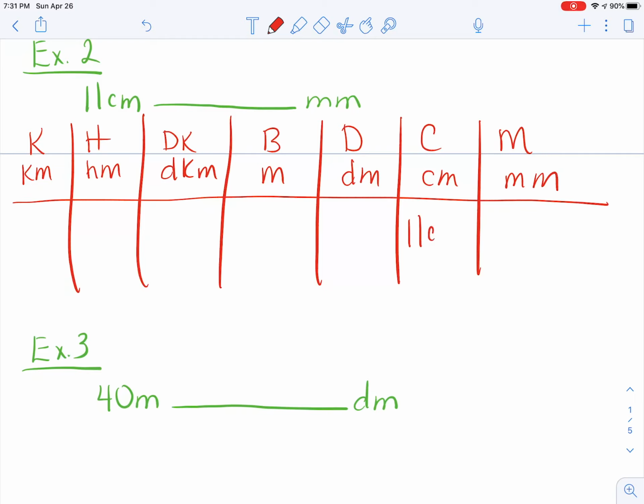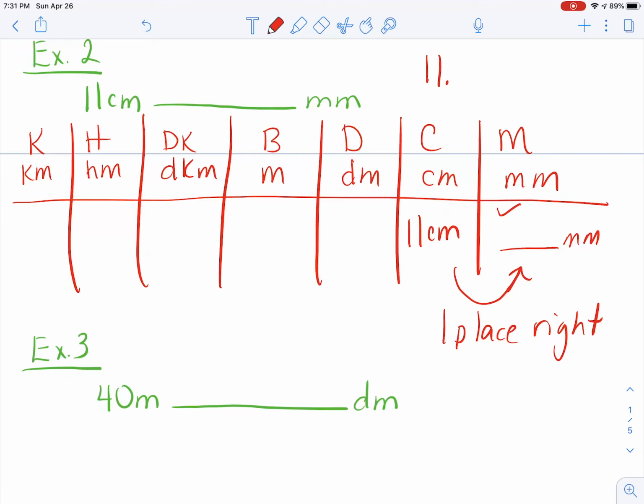So 11 centimeters is how many millimeters? I'm moving one place to the right. So what am I moving one place to the right? My decimal. So I have 11. There's my decimal. I'm going to move it one place to the right. So my decimal is no longer here, it's here. I'm going to fill in with a 0. So the answer would be 110 millimeters. 11 centimeters is the same thing as 110 millimeters.